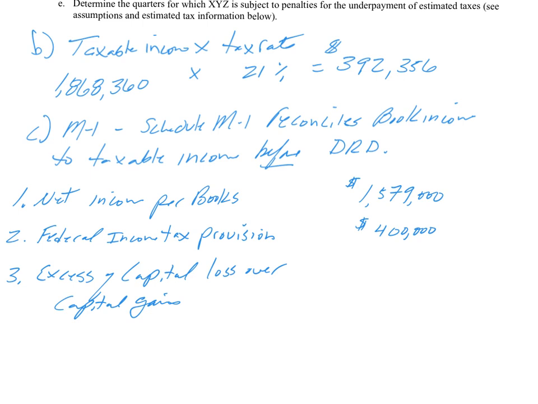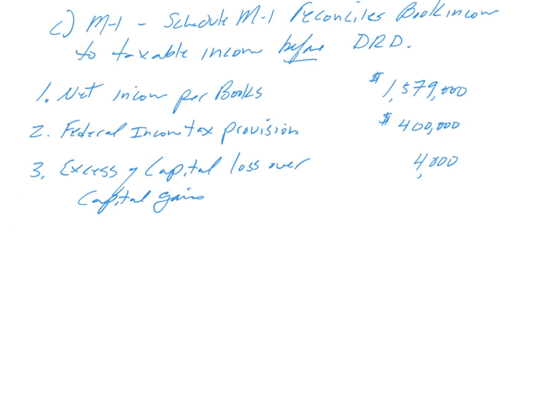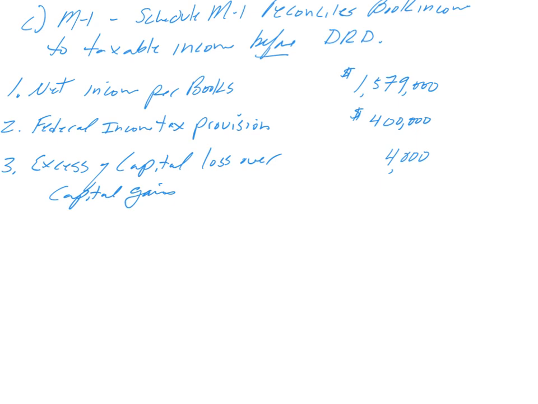And so now we're just pulling out these items before. All right, and then any income subject to tax that was not recorded on the books.